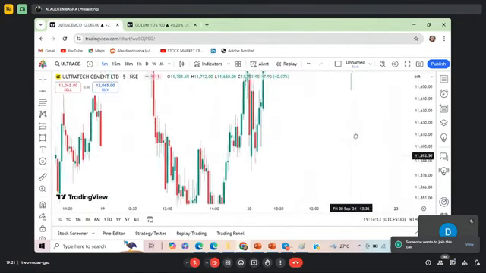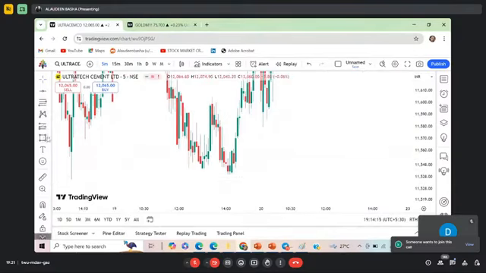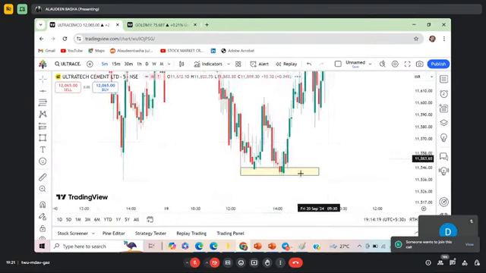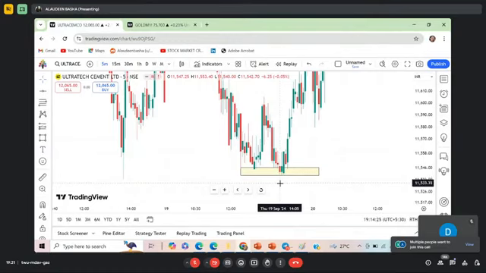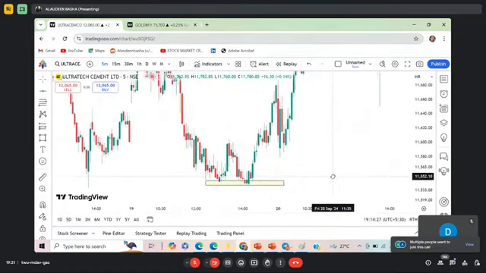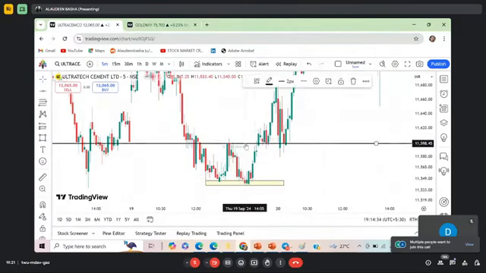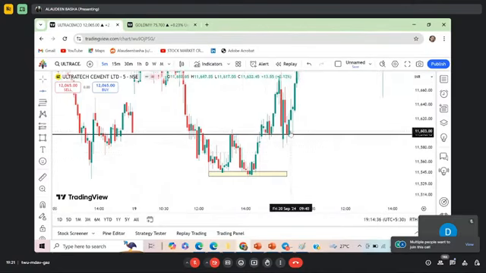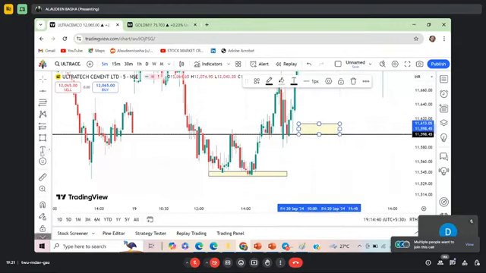It's almost a double bottom. If you don't consider small differences, the low is 11,545 and 11,540, because for an 11,000 rupees stock we don't consider 5 or 10 rupees. So it's almost a double bottom. This is the neckline. Once it breaks, we go for buy.